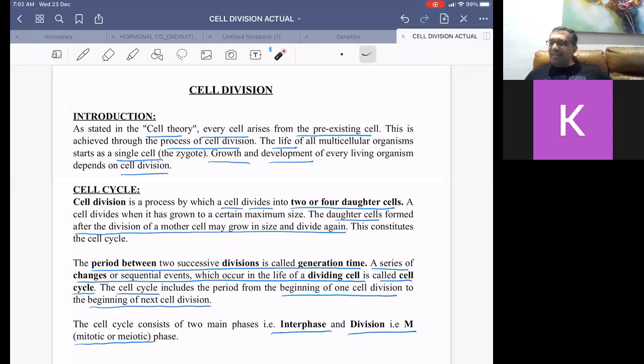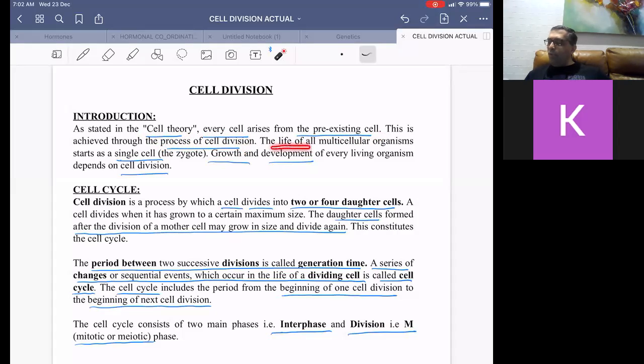Cell division states that there is a cell theory. Every cell arises from a pre existing cell. And this is achieved through the process of cell division.